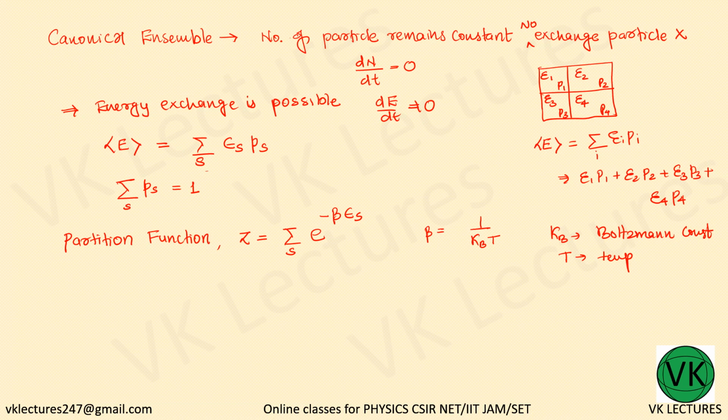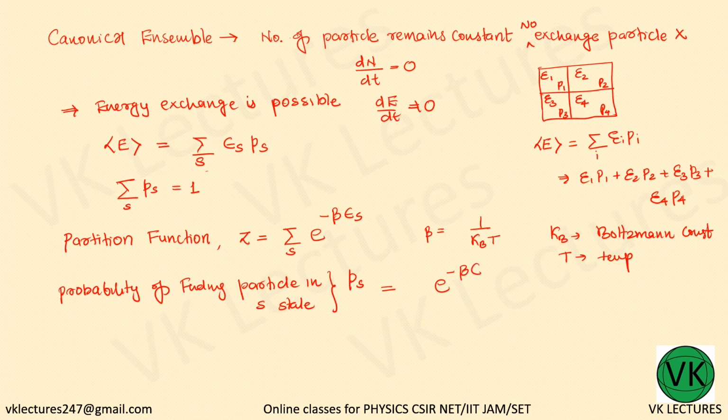And what is the probability of finding the particle in state S? In general it is given by P_S equal to e to the power minus beta E_S divided by the sum over S of e to the power minus beta E_S.